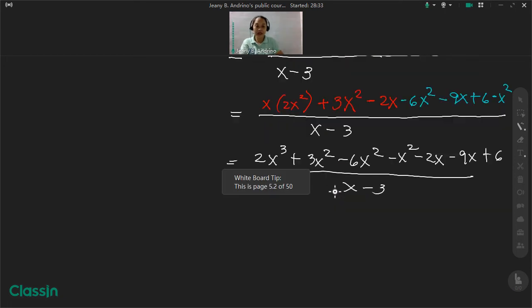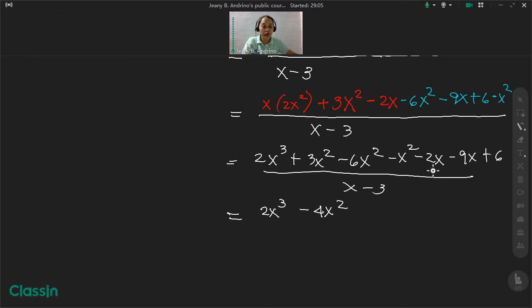Combining like terms. Combining like terms meaning to say you combine those with variables that are the same and also exponents that are the same. So this time we only have 2x cubed, or with your cube as the exponent, so we just simply copy that one. And this time we have 3x squared minus 6x squared. That's negative 3x squared minus x squared. That's negative 4x squared.